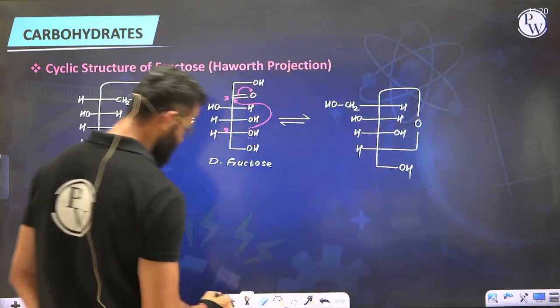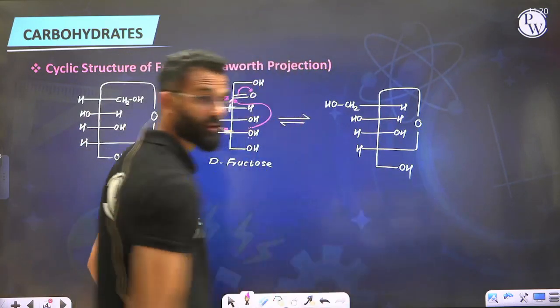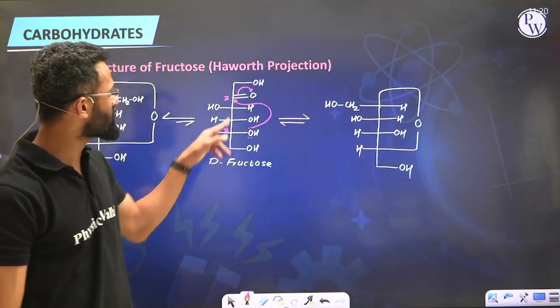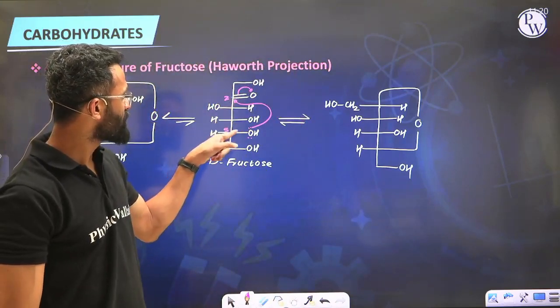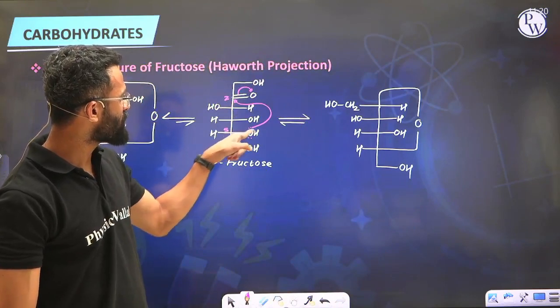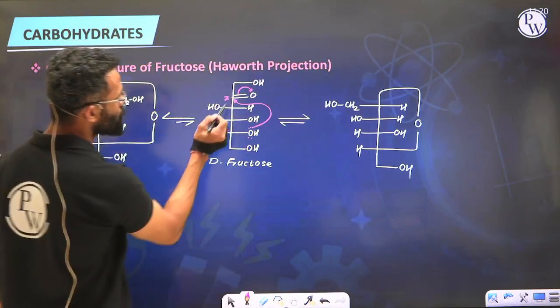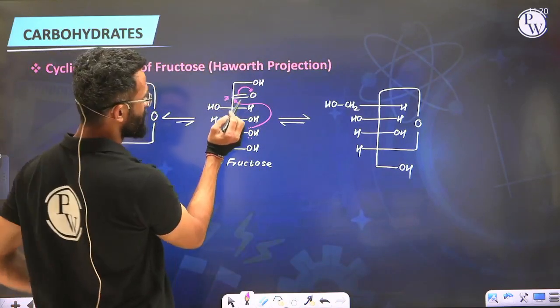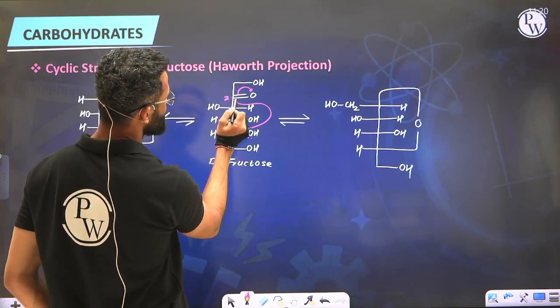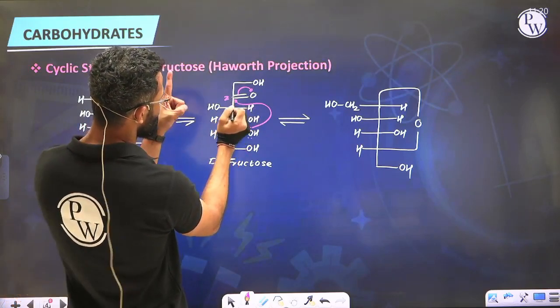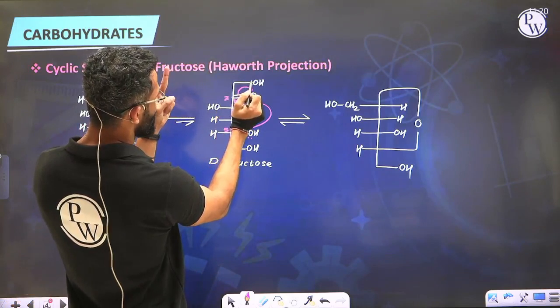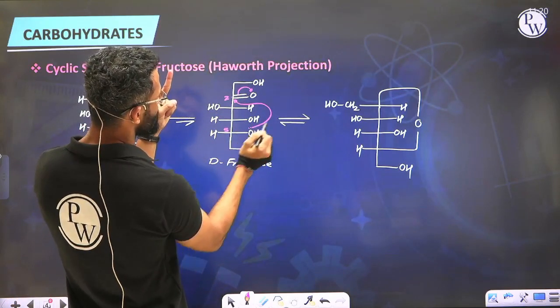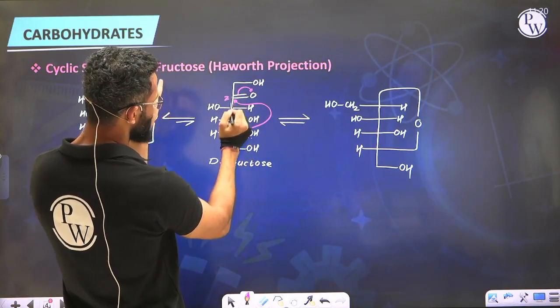Okay everyone, pay attention here. See what has happened now. Since the carbonyl carbon in fructose is the second carbon atom, the lone pair of oxygen from carbon number 5 has attacked here. So carbon number 2 has now become a newly formed chiral carbon. How chiral? Now this is becoming C single bond OH, one of the valencies. Then C single bond CH2OH, second valency. Then third is this oxygen linkage, and fourth is this entire group.